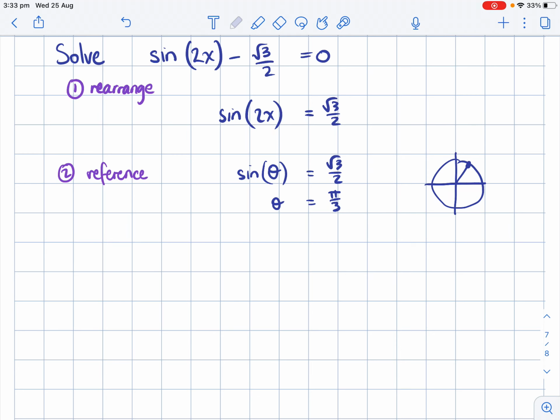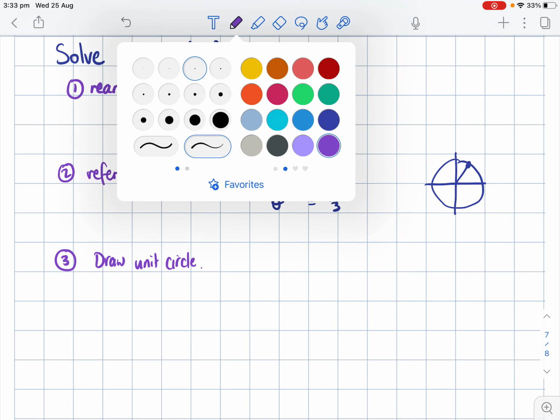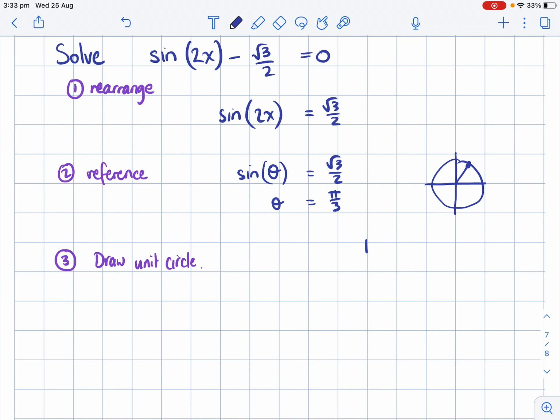Step 3. I always now draw my unit circle. And very quickly I'm going to draw where all of my solutions lie.